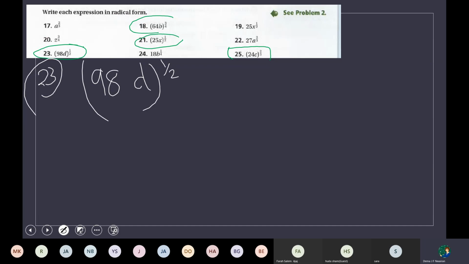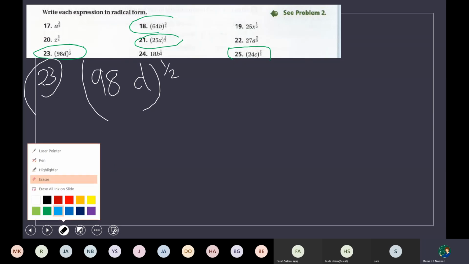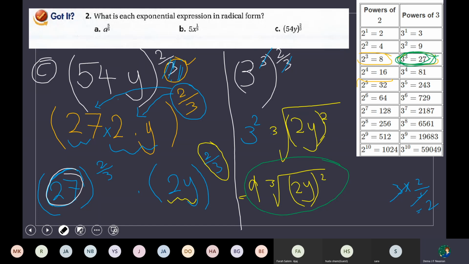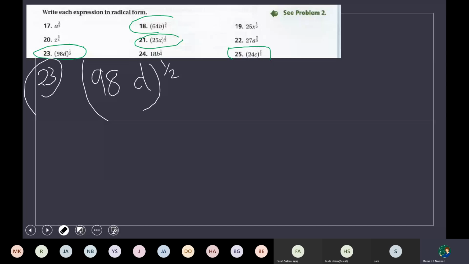Before that, let me ask myself a question. Is there a number that raised to 2 gives 98? No. Let me ask another question.